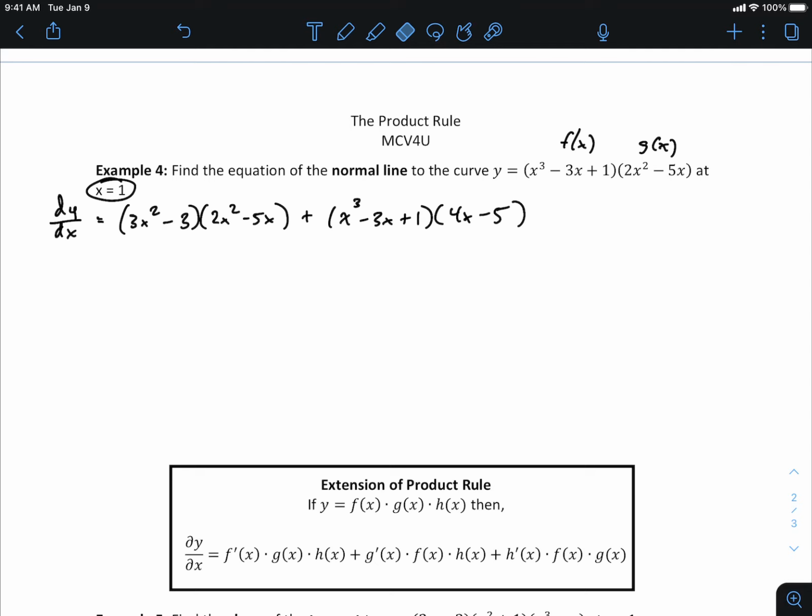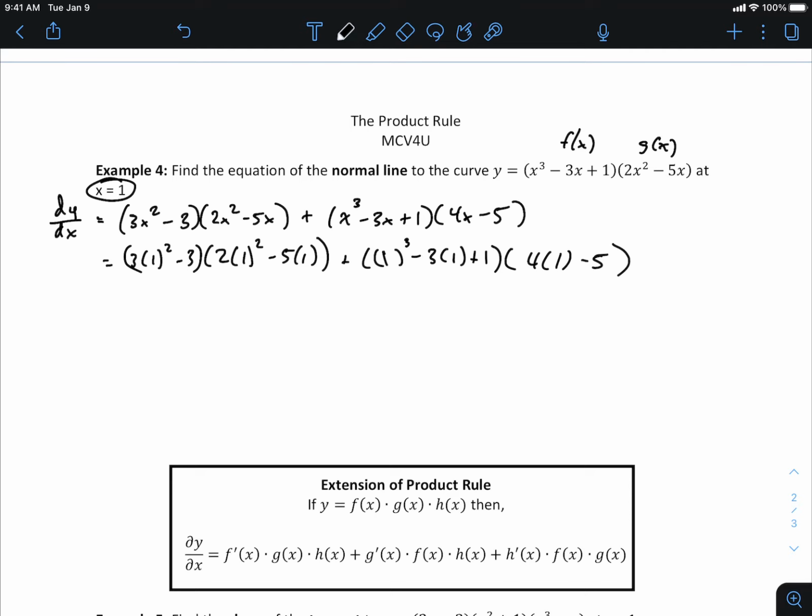I don't know. Okay, so let's evaluate here. If I were to plug in 3 times 1 squared, minus 3, that's all you're doing, all the way across. We're plugging in the value of 1 for x. I may as well keep going now. And then we're going to see 1 cubed minus 3 times 1 plus 1, 4 times 1 minus 5.